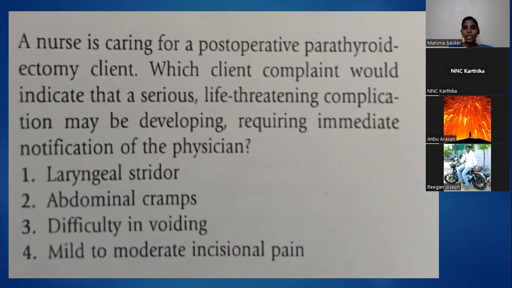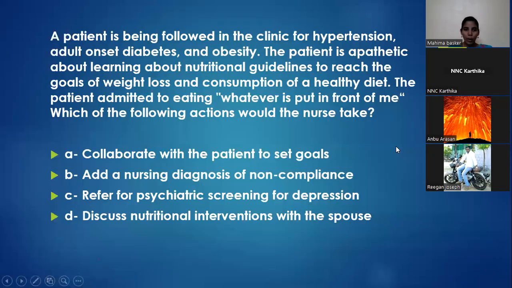Usually they will give you hoarseness of voice, that is a symptom. Remember, laryngeal stridor is life-threatening. If the obstruction is there, no air is going to the lung, respiratory distress comes, and it is a life-threatening complication. The others are very small things. So one is the answer. We'll move on. Everyone should be active.